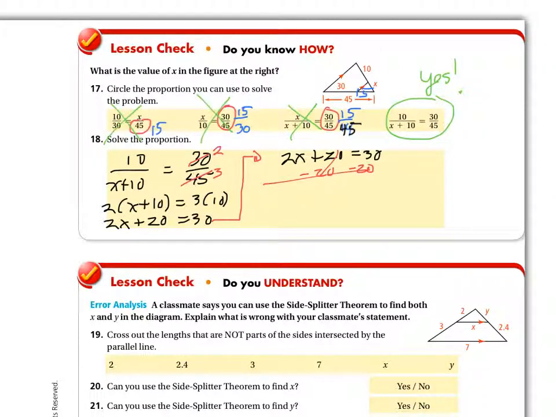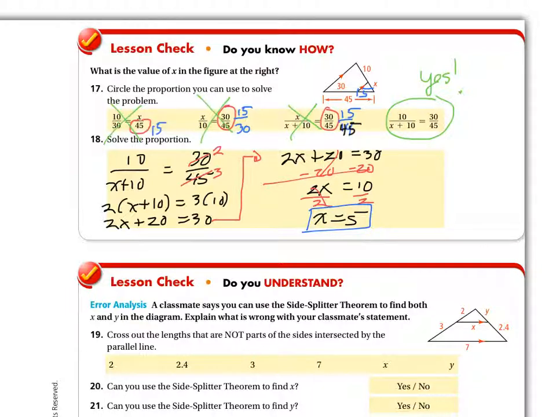And then share with those around you what you get. What'd you get for x? 5? How can we check and see if it really is accurate? This is a weird way to set up a proportion, because I probably would not have set it up this way.